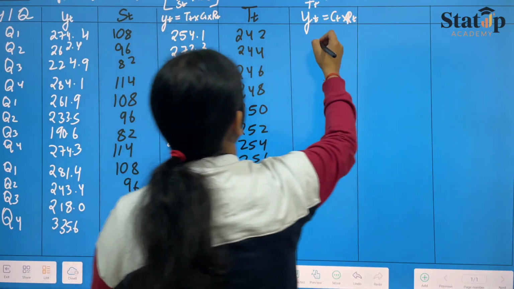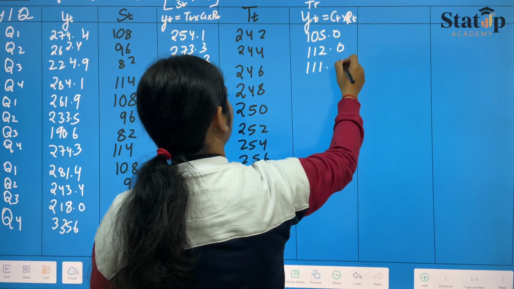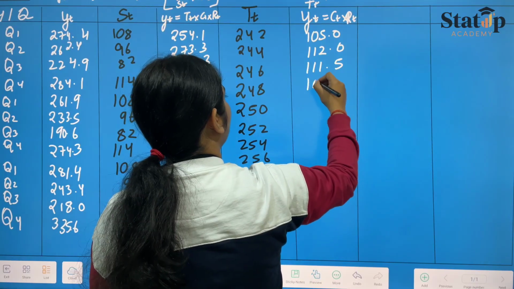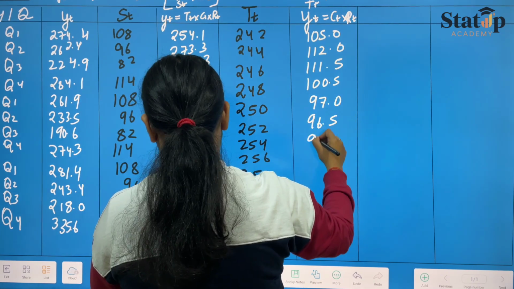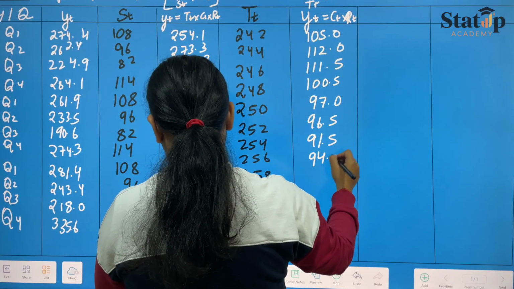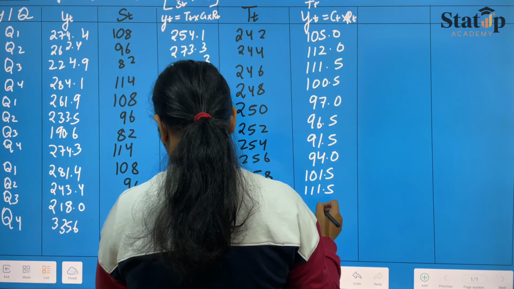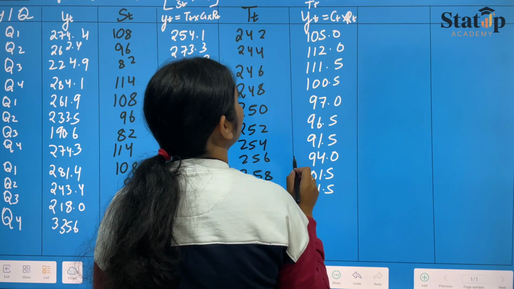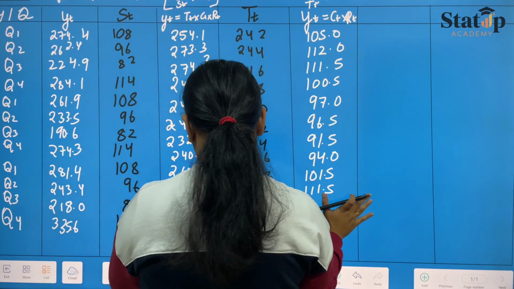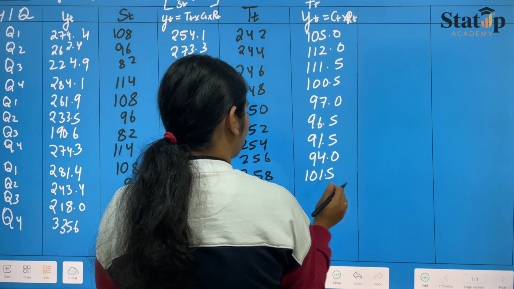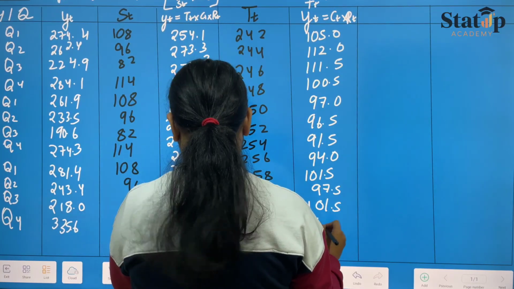If we find this, then we'll get 105.0, 112.0, 111.5, 100.5, 97.0, 96.5, 91.5, 94.0, 101.5, 111.5, 101, 97.5, and then again 101.5 and 111.5.